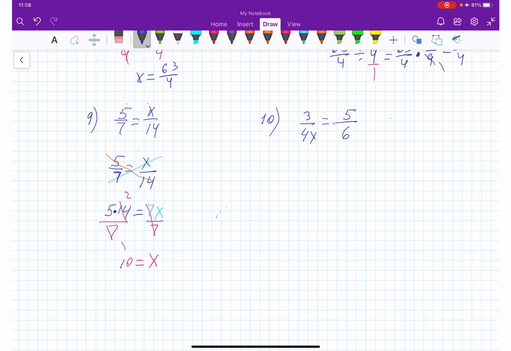Yes? So again, cross multiplication, it's going to be 3 times 6 or 18.